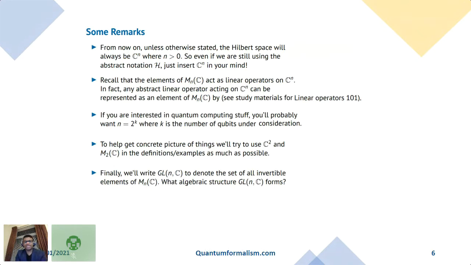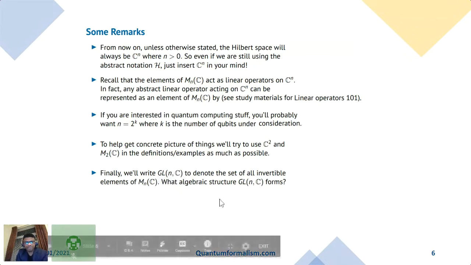So instead of me saying, let A be an invertible matrix, I will just say it's an element of this, and you will automatically insert, okay, invertible matrix. So you will see what I mean in one of the examples.